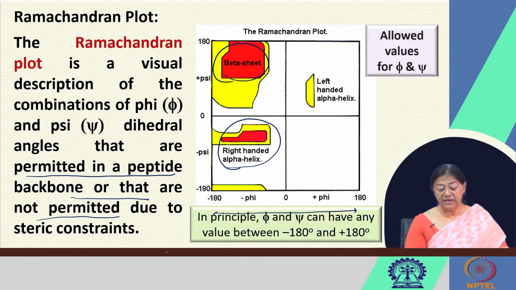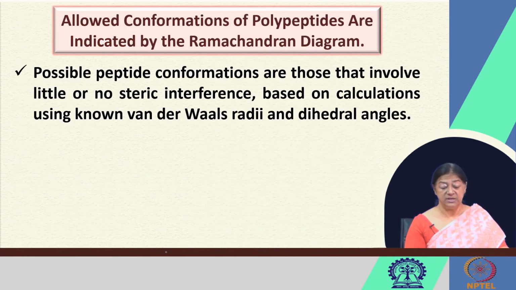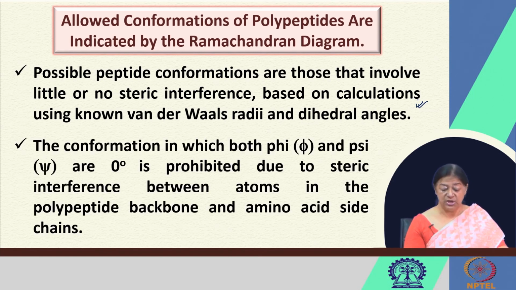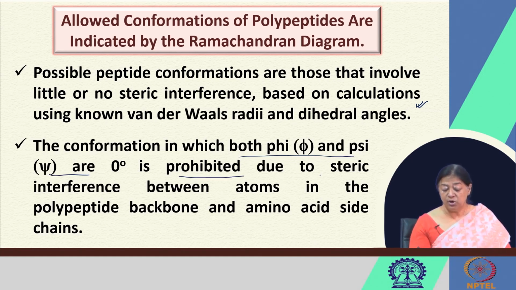These are the allowed values, and when we look at the allowed conformations, there are possible peptide conformations that will not have steric interference. We do not want this rotation about the single bond to result in a clash, and the conformation in which both phi and psi are 0 is not possible because of steric interference between the atoms in the polypeptide backbone.